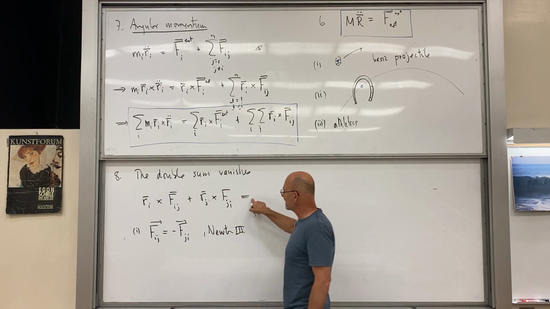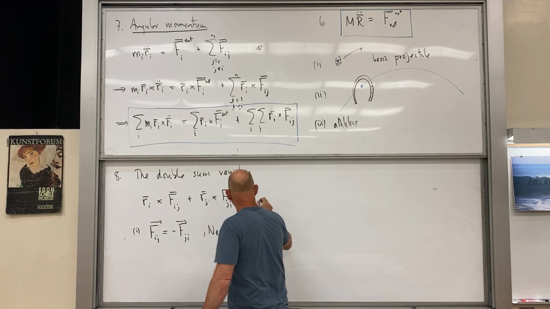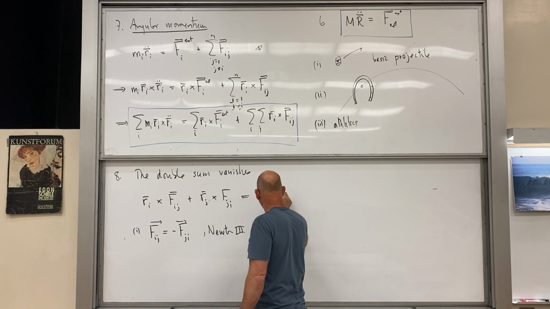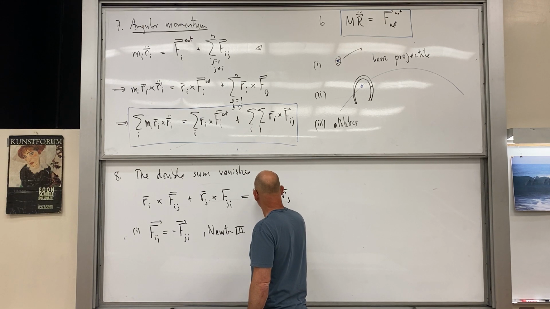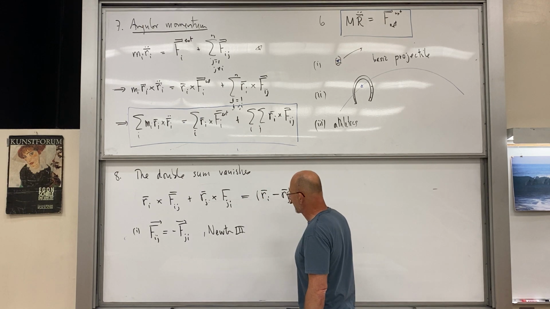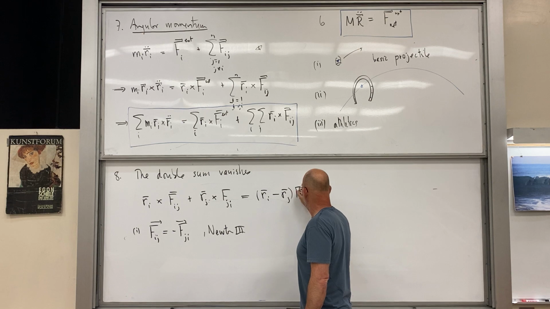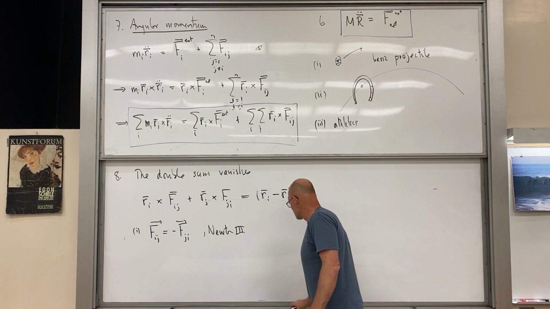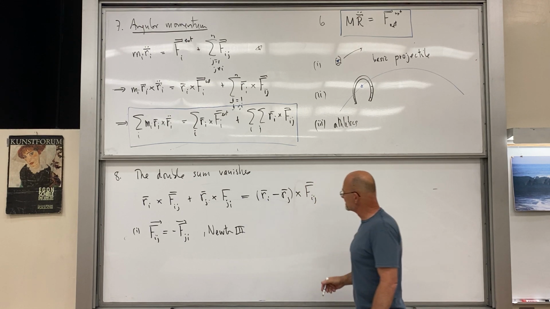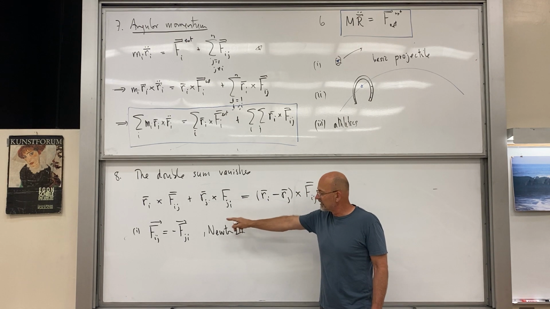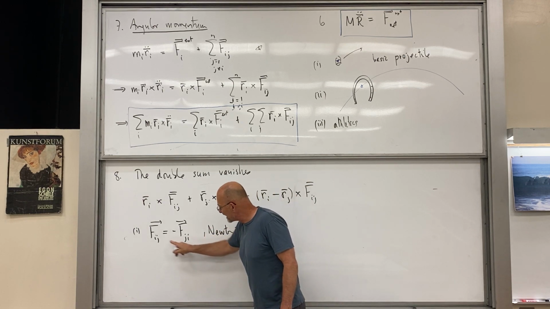So if we do that, then we have Ri minus Rj cross Fij. Oh, cross product, sorry. Cross product Fij, right? Because the Fji was just minus Fij.